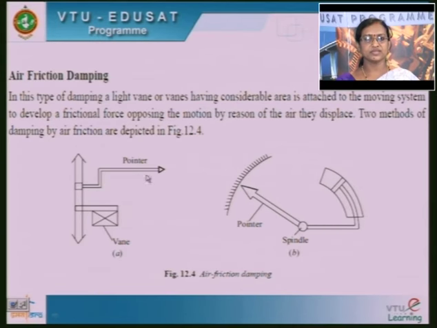When you consider the damping, you consider a light vane or vanes having considerable area attached to the moving system to develop a frictional force opposing the motion by reason of the air they displace. There are 2 ways of connecting this.